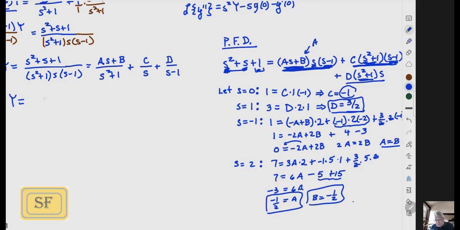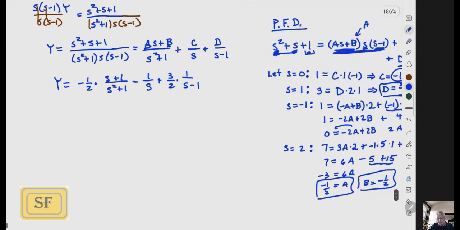C is negative 1, so I get minus 1 over S. D is 3 halves, plus 3 halves times 1 over S minus 1. So now we're ready to do the inverse Laplace. The inverse Laplace of Y is our y of t. And maybe I should have separated the terms of the numerator, but I'll do that now.